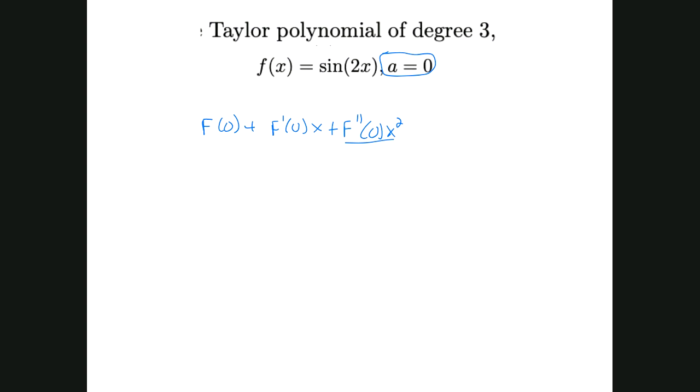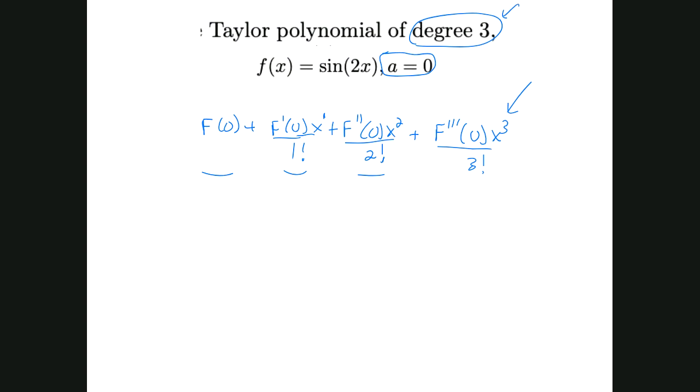Now I could have put this over 1 factorial because it's x to the first, but 1 factorial is just 1, so we really don't do that. Plus f triple prime of 0, x to the third over 3 factorial. Now, it said degree 3, so I have to go all the way out to the 3rd degree. Now, if they said 3 terms, then I would have just done these 3 here. But it did say degree 3, so I have to take it all the way out to the 3rd degree.